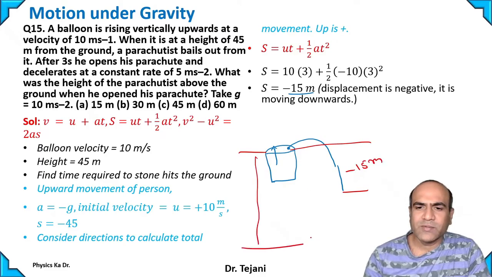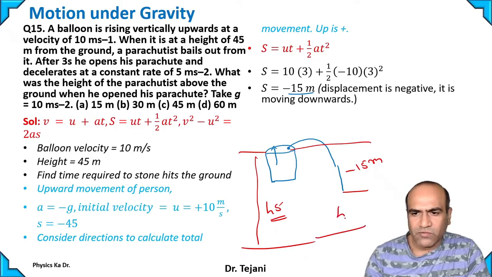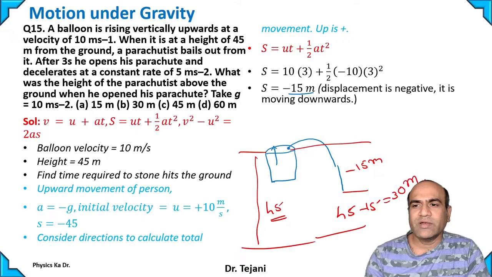The total height was 45 meter, so from the ground, 45 minus 15 is equal to 30 meter.